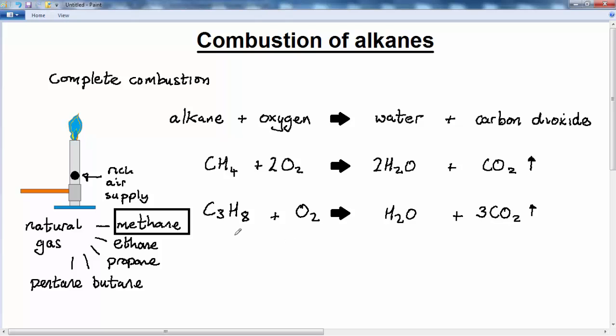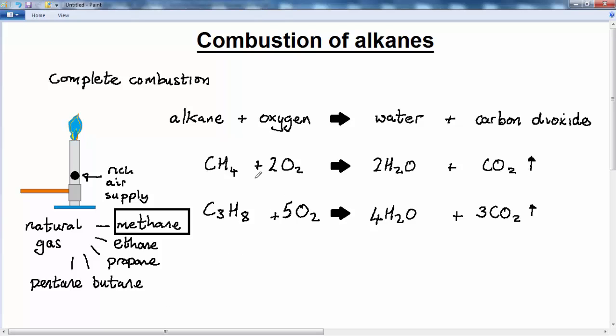And then we'll have a look at the hydrogens. We've got 8 there, we've got 2 here, so we put a 4 there. And now we've just got to add up the oxygens. So we've got 4 oxygens there and we've got 6 there, which is 10 oxygens. So I just need to put a 5 there. 5 times 2 is 10. And there we've got the balanced equation for the combustion of propane.